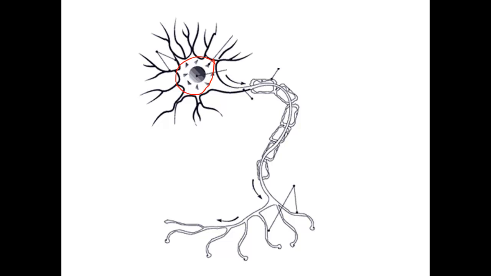It's got organelles, it has a nucleus in the middle of it, but what makes a neuron different from most other animal cells is it has all these crazy processes coming off of it. And you can see up here all of these short, branched-looking processes, and these are called the dendrites.